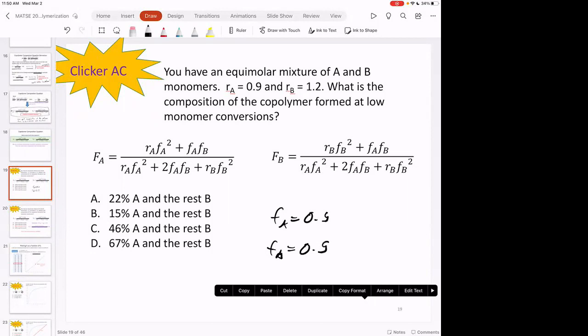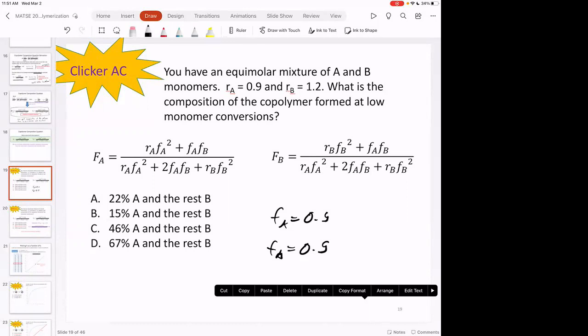That is not moles per liter. That is not Fa equals 1 and Fb equals 1, because the mole fractions have to sum to 1. So don't forget about mole fractions and all that other stuff. We're not talking concentrations either. We actually don't know what the concentration is when the mole fraction is 0.5 and 0.5. We just know that the mole fractions are equal, or the concentrations are equal. It could be high concentration, it could be low concentration.